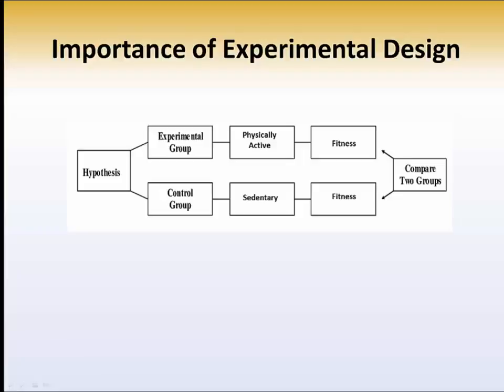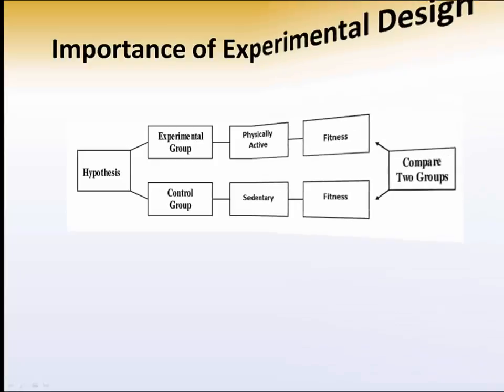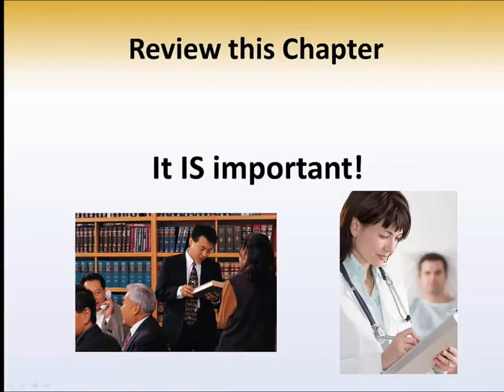The experimental group is physically active and the control group is not, or is what we call sedentary. And then we measure the fitness level of these two groups and compare the means using a statistical test called an independent t-test.